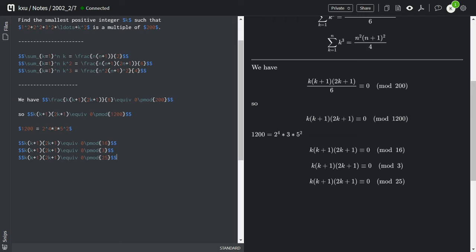You can just suppose that one of them differed and then prove that it doesn't satisfy it. Say for modulo 3 it was some other non-zero value, then k times (k plus 1) times (2k plus 1) would not be 0 modulo 1200.